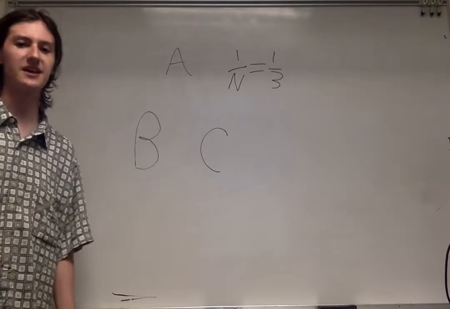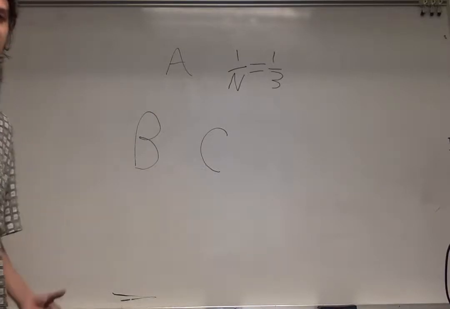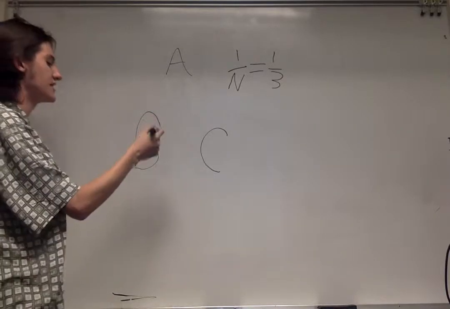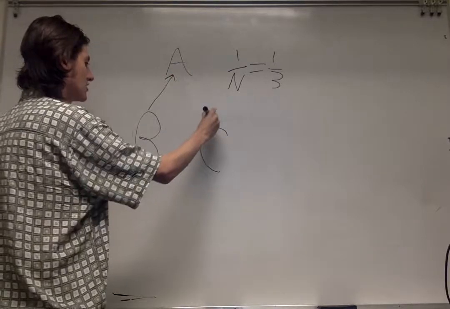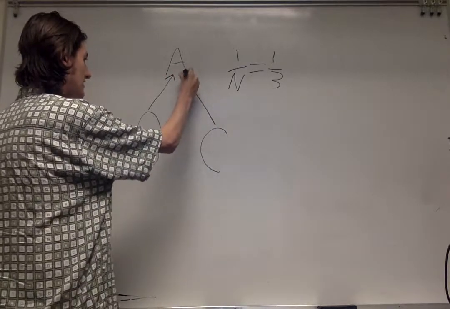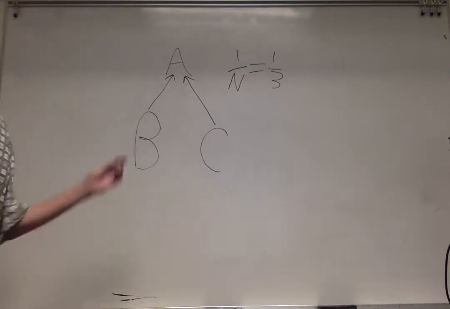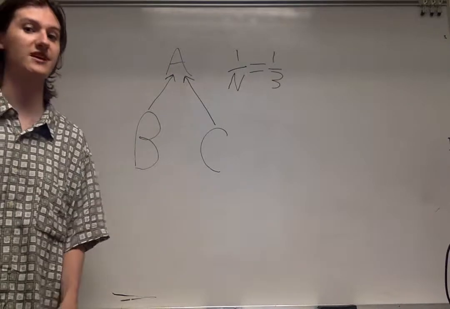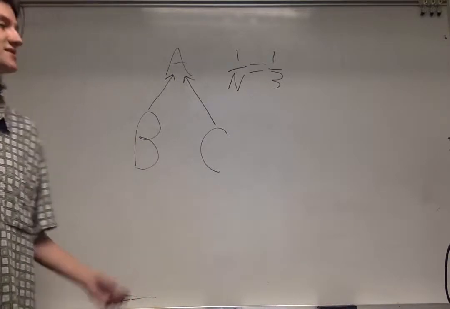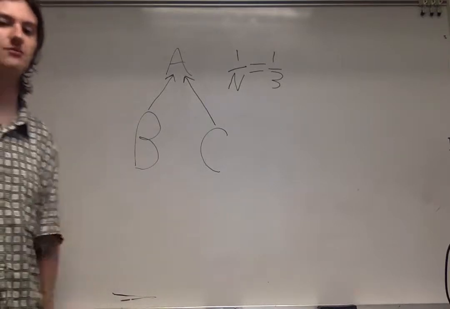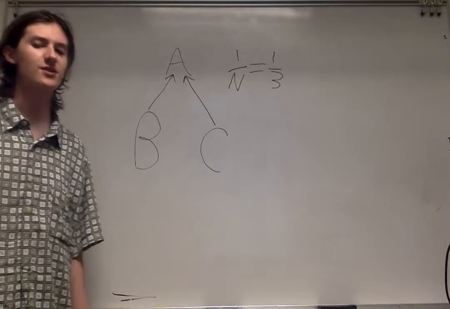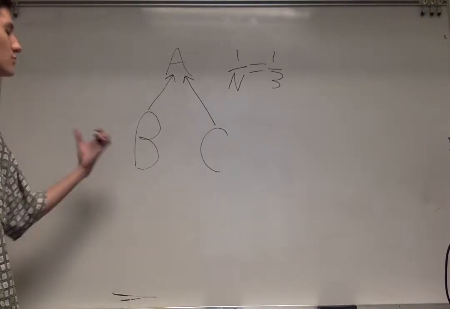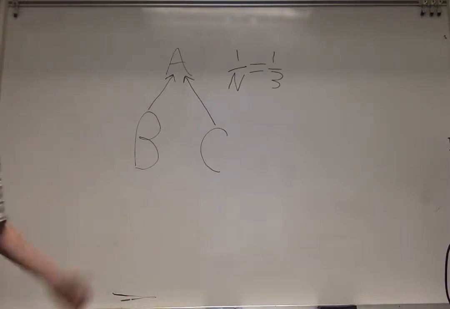Now I want to start making this network a little bit more complex. To begin with, let's say B and C both have links on them which link to A. Now this is going to mean that A is going to be a whole lot more popular than B and C. So how do we get the new PageRank for A?